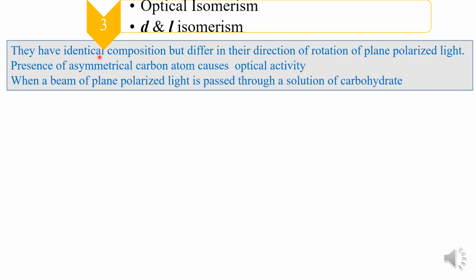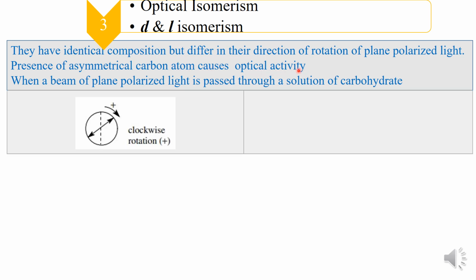Optical isomers have identical composition but they differ in direction of rotation of plane polarized light. So when plane polarized light is passed through it, the beam varies, and this is because of asymmetric carbon atom which causes optical activity. Let's see an example.